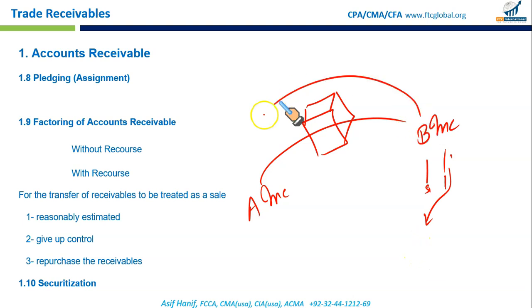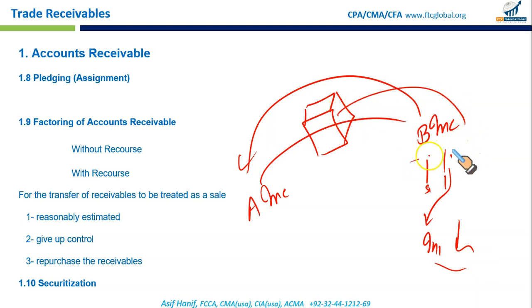So company A gets cash from company B for these receivables. Company B sells these securities collateralized against these receivables to investors, investor 1, investor 2, investor 3, 4, and so on. And when these customers pay, from the collection of these customers, company B will pay its investors.